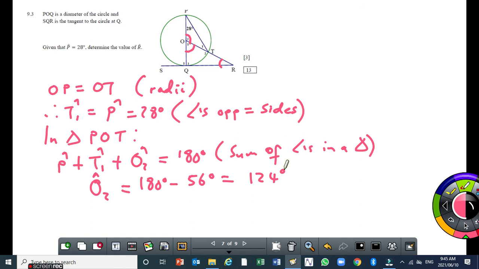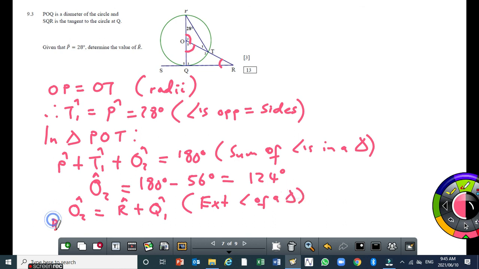Then from there I'll say O2 is equal to angle R plus angle Q1. This is the exterior angle of the triangle. But Q1 is equal to 90 degrees.